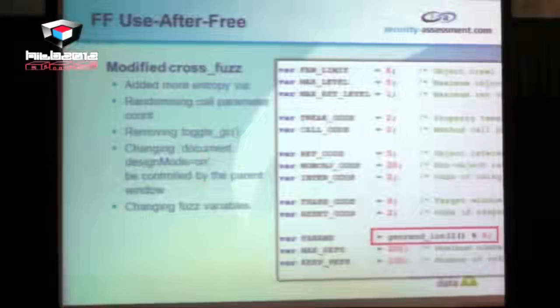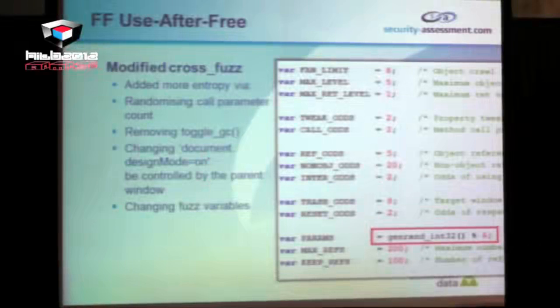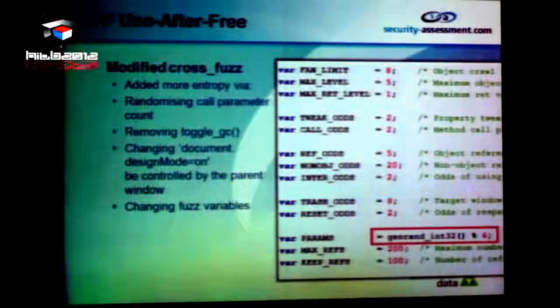Also, in the HTML template which is passed to Crossfuzz, another major change was to set document.designMode on, which is basically like setting the contentEditable attribute on for each HTML element. That makes the entire page editable. With those changes, we actually noticed there were other crashes we couldn't find without them. So it's quite interesting, and that's part of the modification.